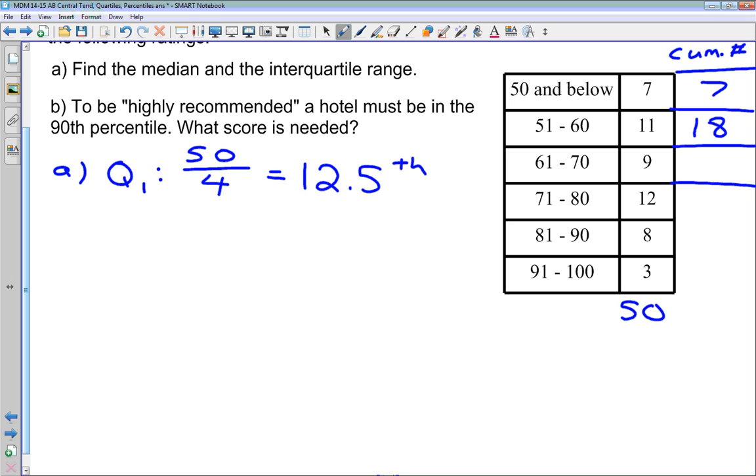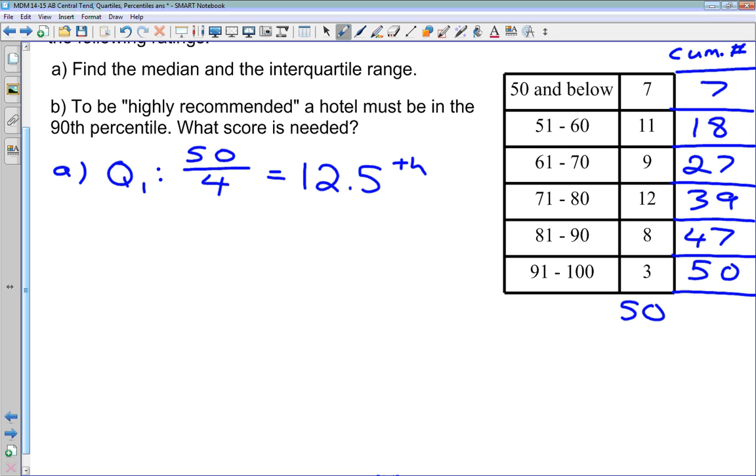For our next bin, we have a cumulative total of 27. Our next bin, we have a cumulative total of 27 plus 12, so 39. Our next bin, 39 plus 8 gives us 47. And, of course, by the time we get to our last bin, our cumulative total is 50.